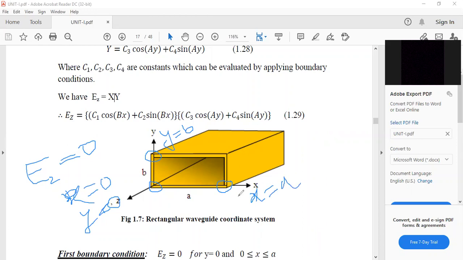The width of the waveguide is a, and the height of the waveguide is b.